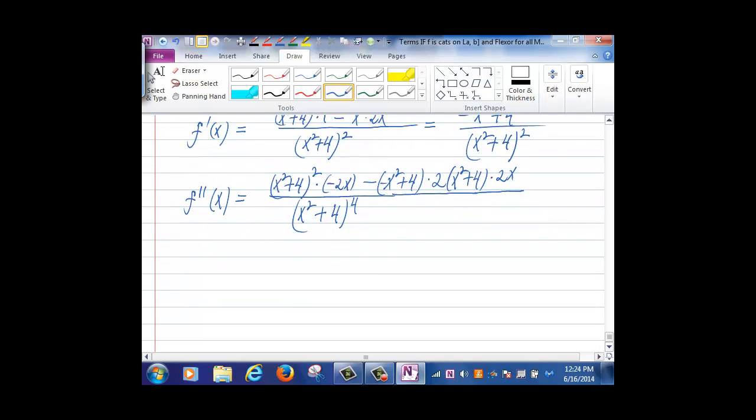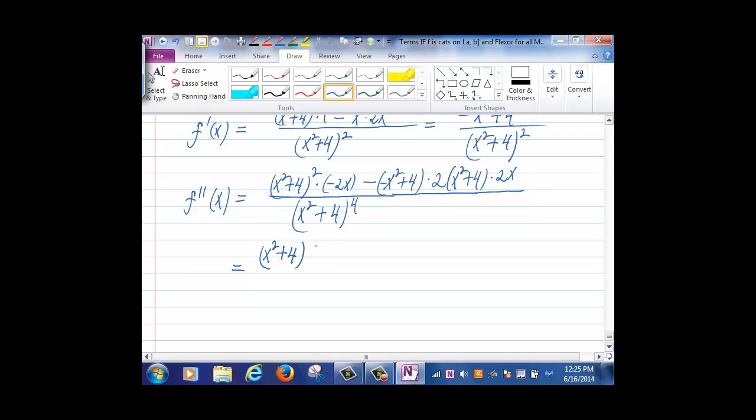Boy, you are going to have to multiply out everything in the numerator. But in fact, instead of multiplying out first, what you should be doing is factoring out an x squared plus 4 first.